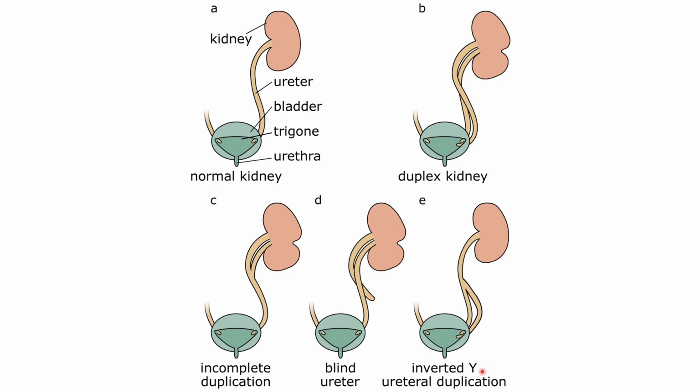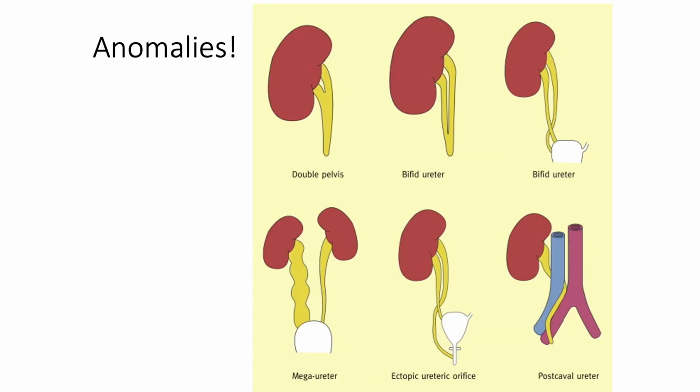Then you have an inverted Y ureteral duplication, so it's like a Y and an upside-down Y. Then you also have a double pelvis, bifid ureter, another bifid ureter, and then a megaureter. Then ectopic ureteric orifice and post-caval ureter.